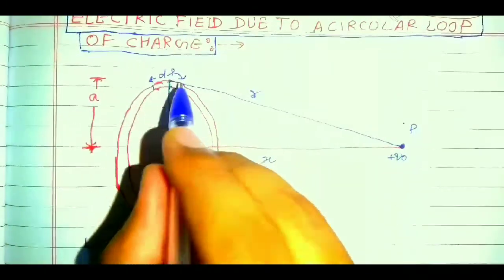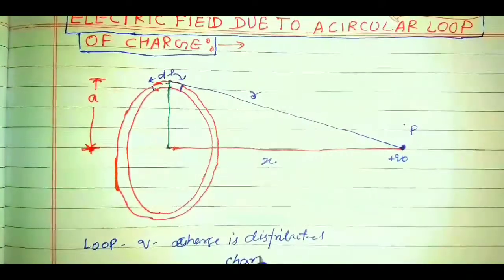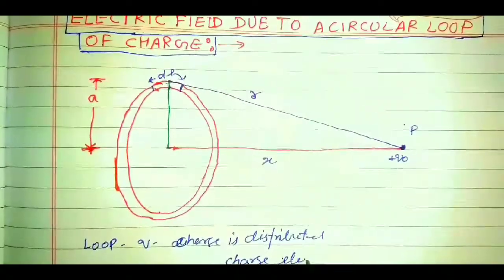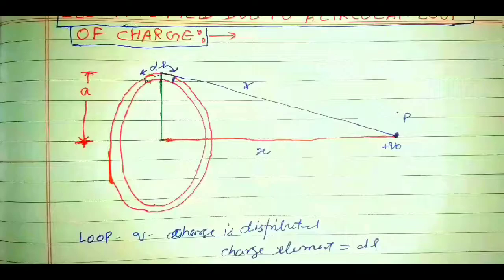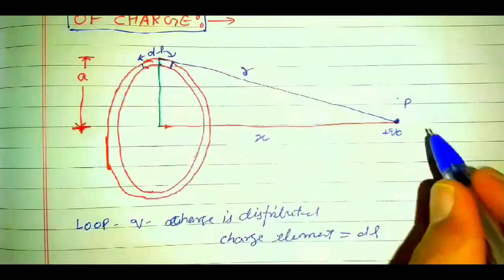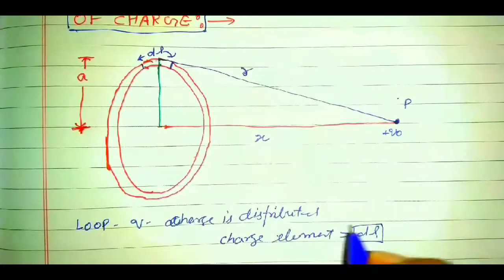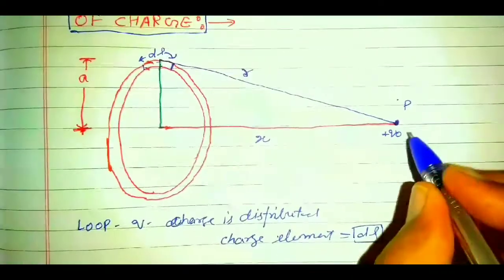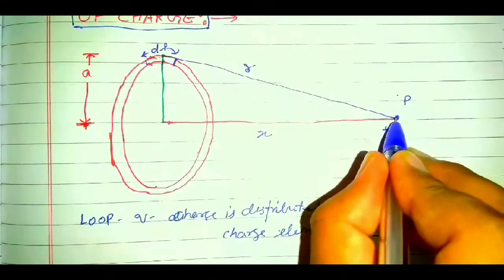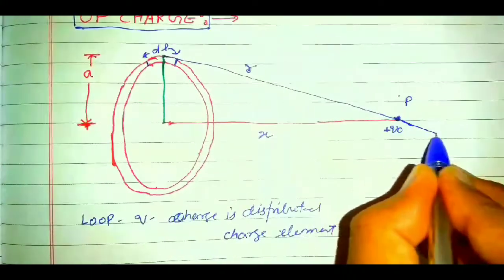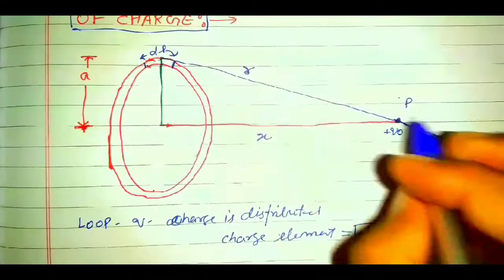So due to this small charge element, denoted by dl, we will calculate its value. The charge length is first of all here. The electric field is just opposite to this line. Let this electric field be dE.